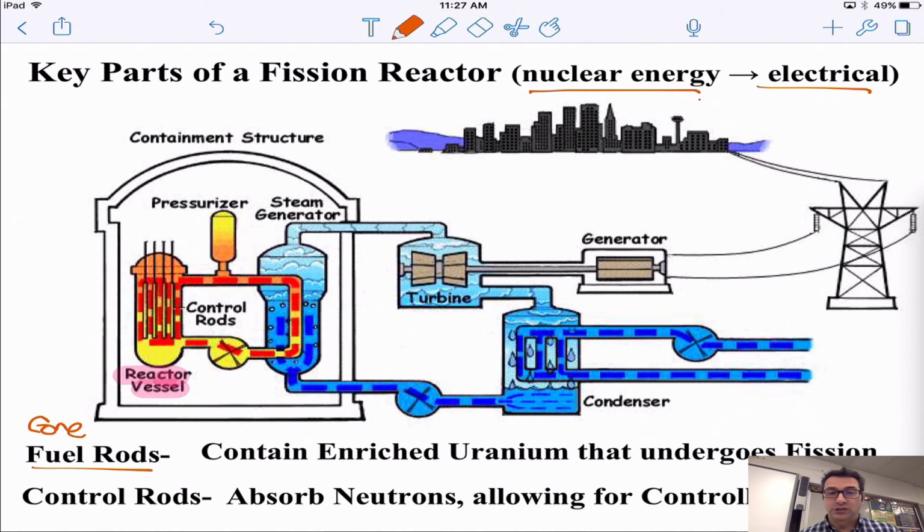This uranium has to be enriched through some kind of process, usually centrifugation. So when you hear in the news that the Iranians or the North Koreans, or any state for that matter, are enriching uranium in order to produce nuclear power, this is what they're referring to: enriching uranium for a specific isotope, in this case, uranium-235.